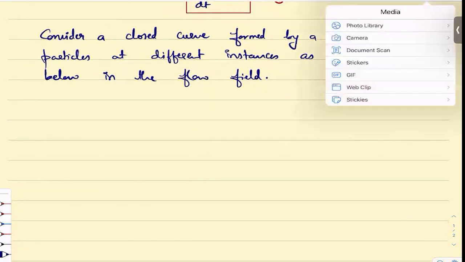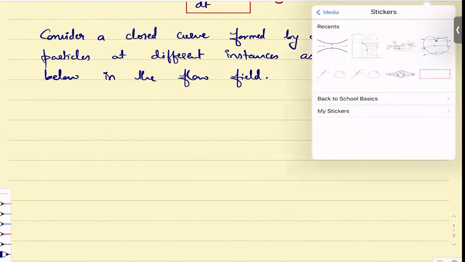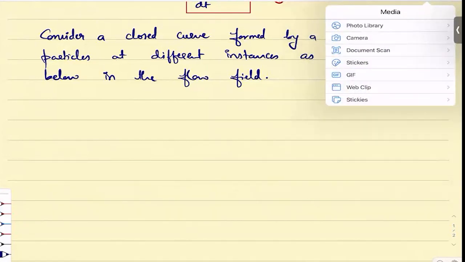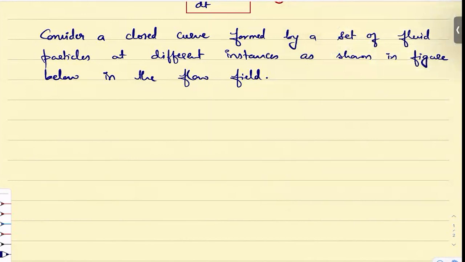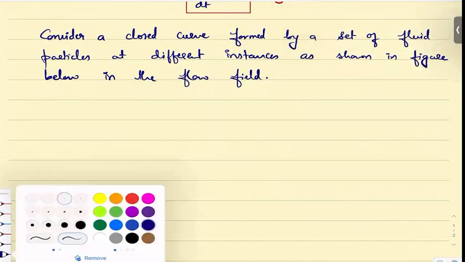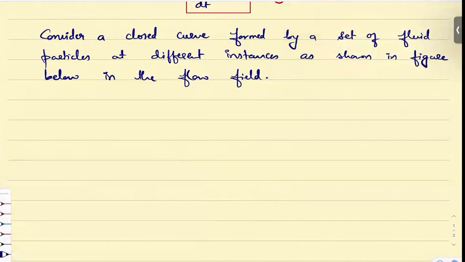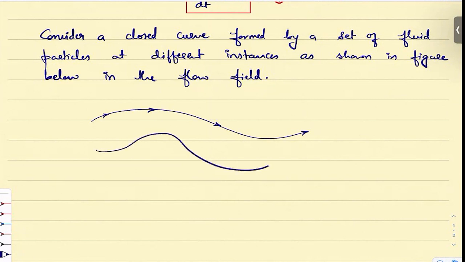Okay, we just take this. Let this be an arbitrary flow. There is no one nature of the flow.